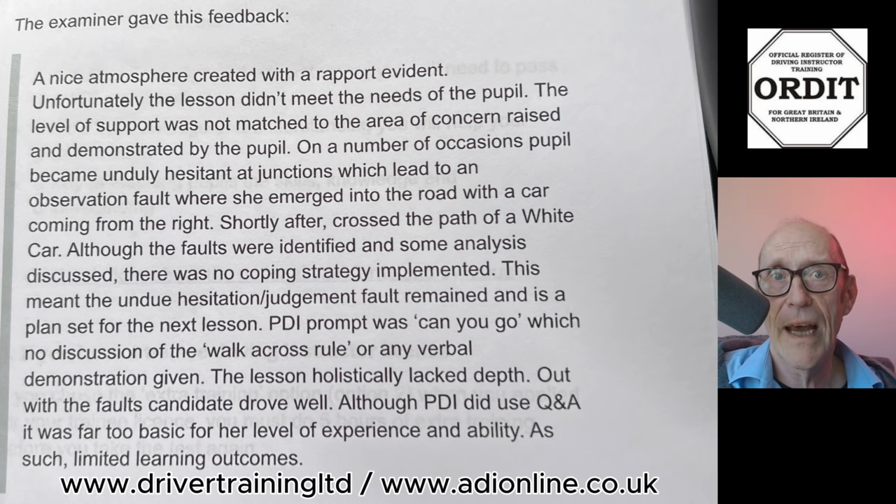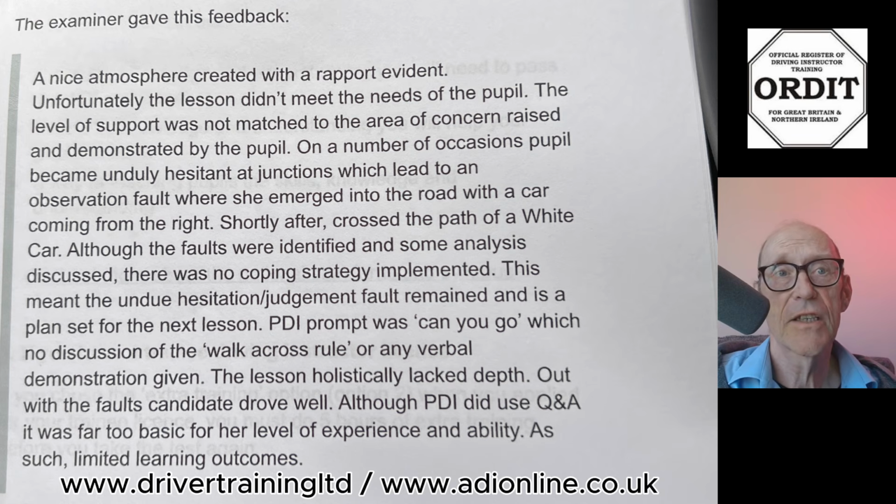This is where, if we go back to the beginning bit, this was raised by the pupil. So they probably said in a remark, not too sure with gaps, not too sure when it's safe. Well, in that case, it doesn't matter what you were going to work on. Now, we're going to change the lesson and adapt it to work on picking gaps, understanding gaps, and then we're going to not be hesitant and we're going to know when it's safe to go.